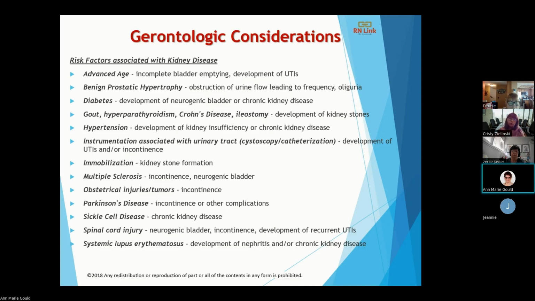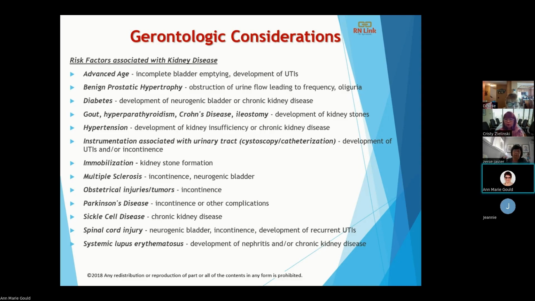They can develop incontinence and UTIs because of it, so you definitely have to keep an eye on those. Especially if they're immobile. Immobilization is another big piece. Say they were in a horrific motor vehicle crash and they're quadriplegic. Well, guess what? They can develop kidney stones if they don't get the correct fluids within their body.